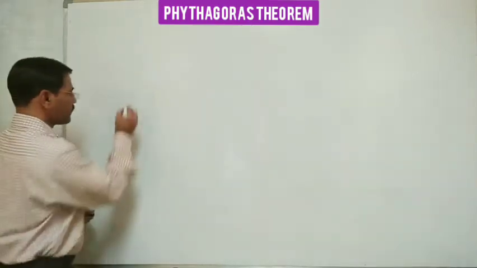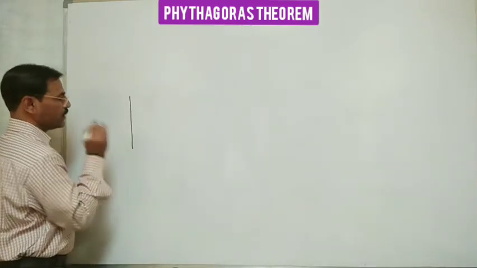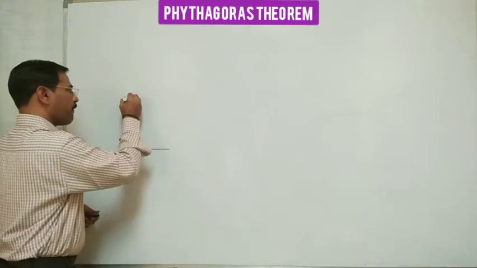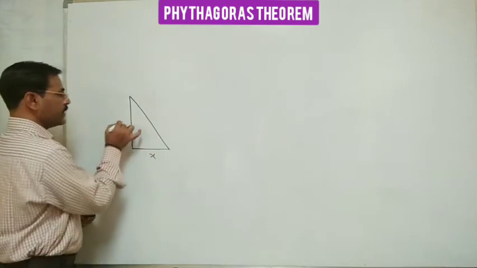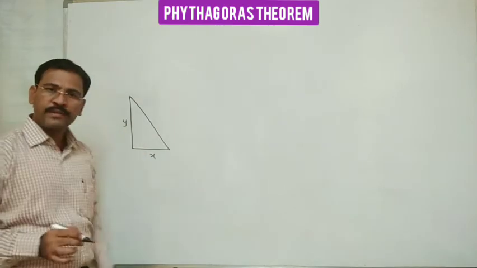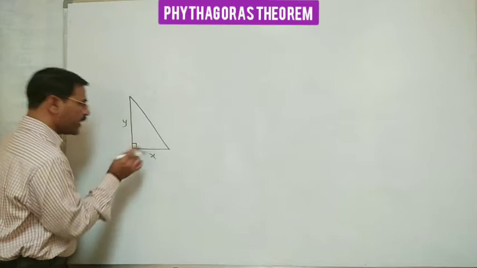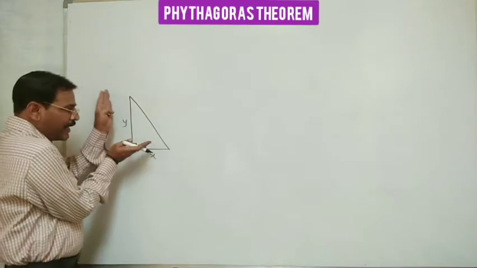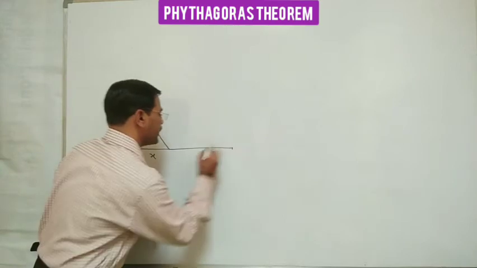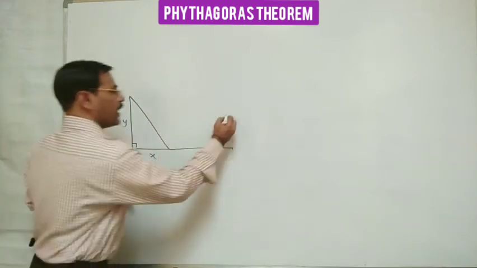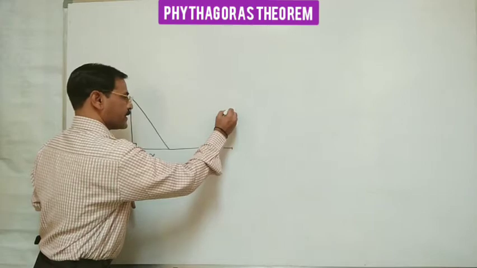Look here. This is one right angle triangle. I'll take here this is x. This is 1. Okay friends? Now, same triangle, I'll write it a different way. Here I'll take this is y, and now here it is x.